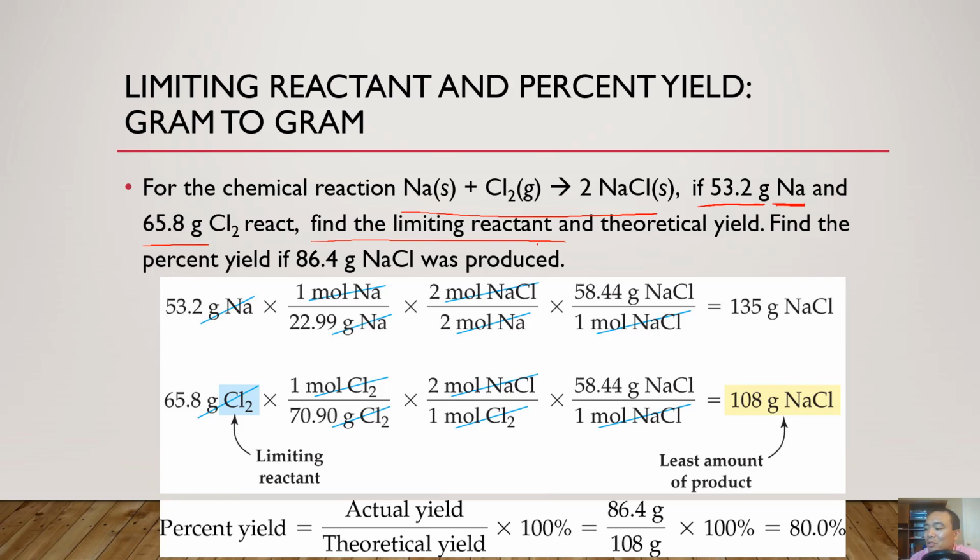So basically what you need to do is convert grams of one reactant to grams of product. You also convert the grams of the other reagent to the number of grams of product. So basically we do this stepwise. It's two separate questions.